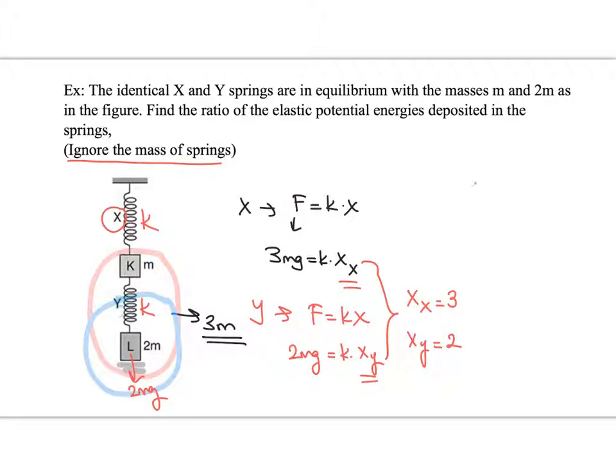When I take the ratio of their energies, Ex is equal to 1 over 2 K times 3 squared, and Ey is equal to 1 over 2 K times 2 squared. So they have the ratio 9 over 4.